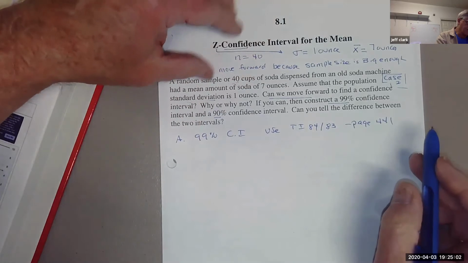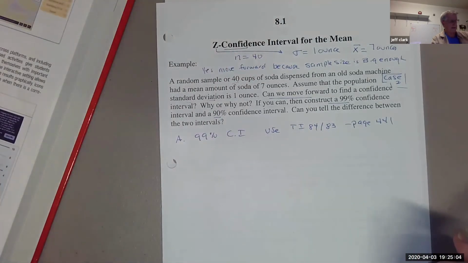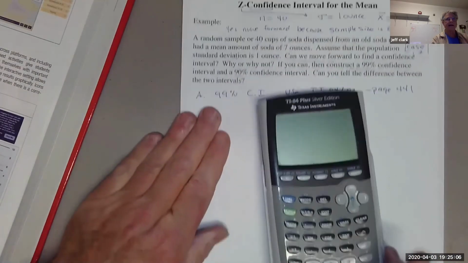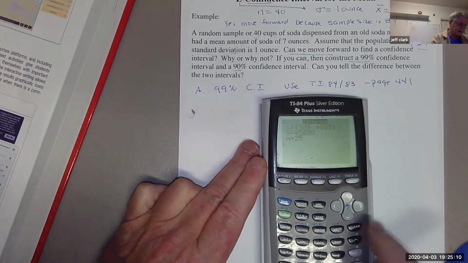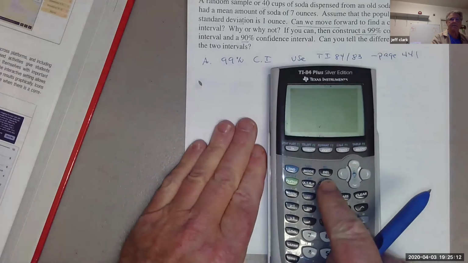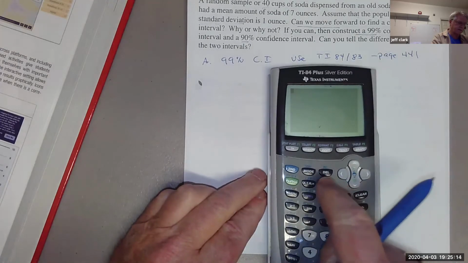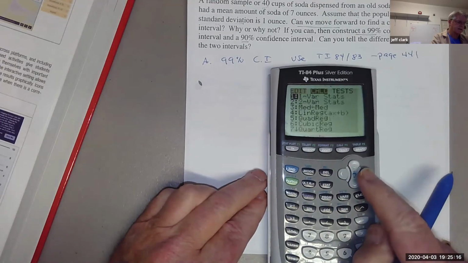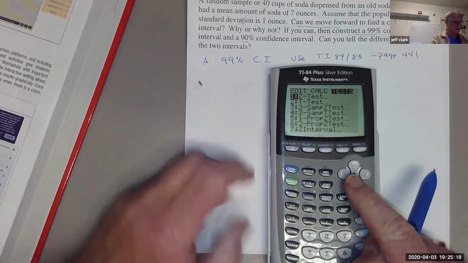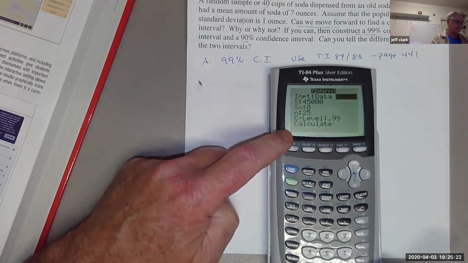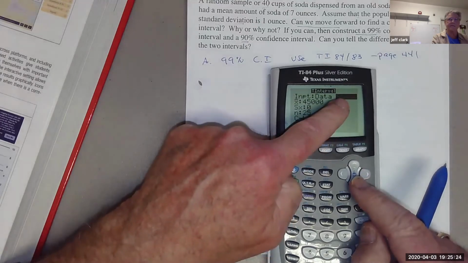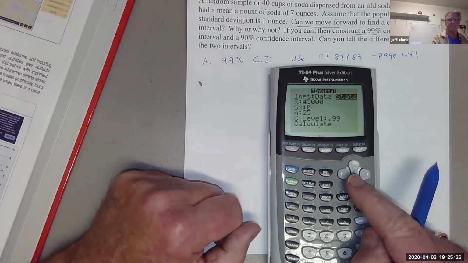We would just go through and find it, and it'll give us the result. So I'll do this again. We're going to go into stat, scoot over to tests, scoot down to 7. That's sigma's given. It's already set up for stats this time.